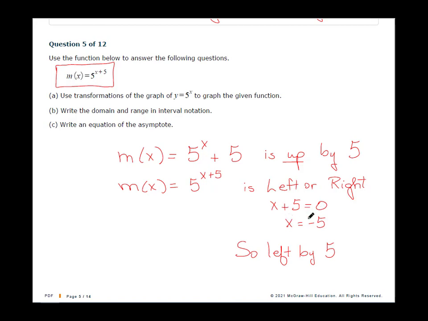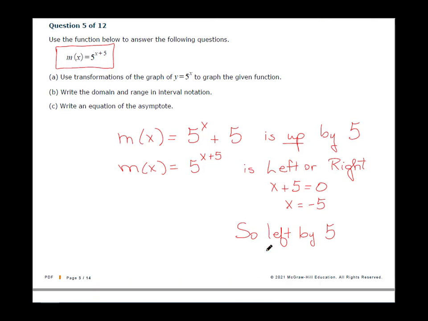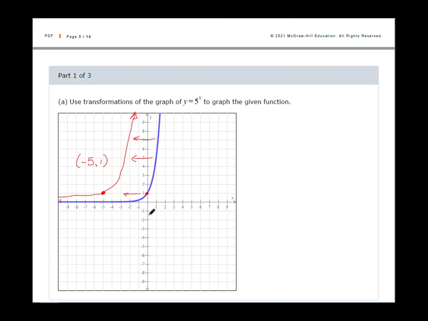Set it equal to 0, you get x equals minus 5, so it goes left by 5. So take your graph. So I take the important point, 0, 1, shift it to the left 5 units, and so now it's at minus 5, 1.